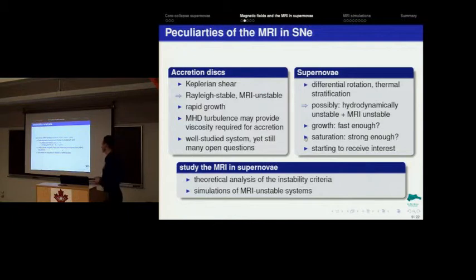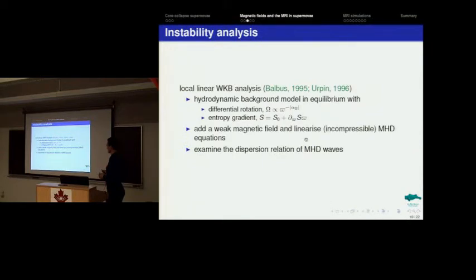For the instability analysis, we have taken results obtained by Balbus in 1995 and Urpin one year later. They did a local linear analysis of perturbations of a hydrodynamic background in equilibrium, some differential rotation, some entropy gradient, adding a weak magnetic field and examining the dispersion relation of MHD waves. And this is what you get in this case.